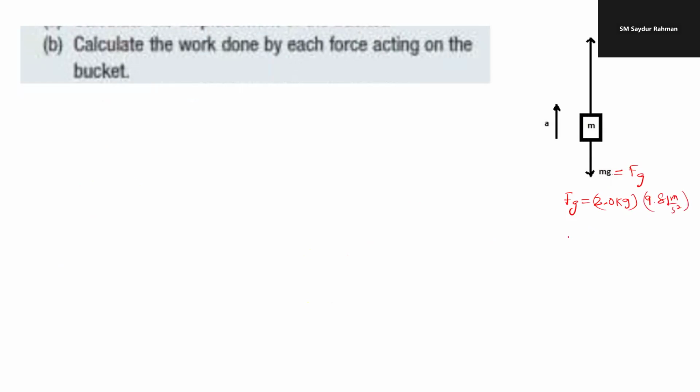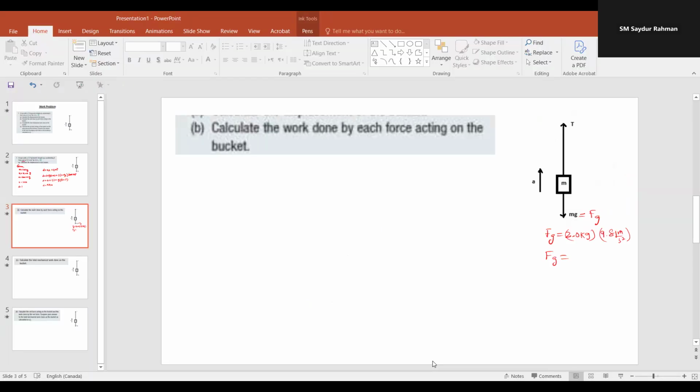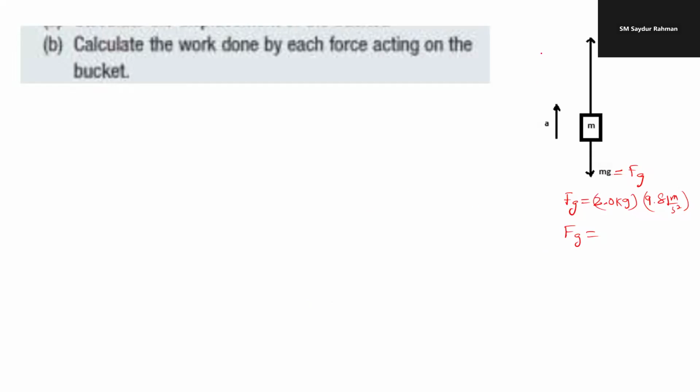Fair enough. So Fg will be then, I will be using my calculator, mg: 2.0 times 9.81, which is 19.62 Newton, right?